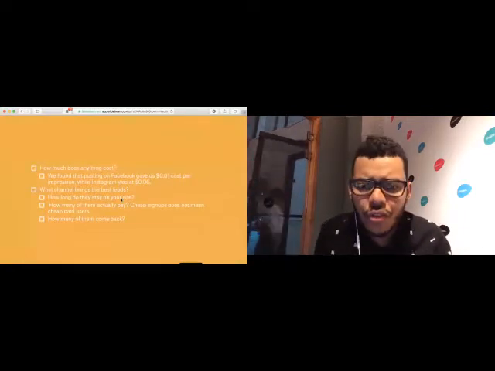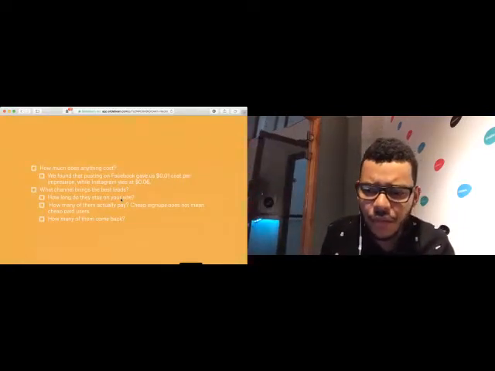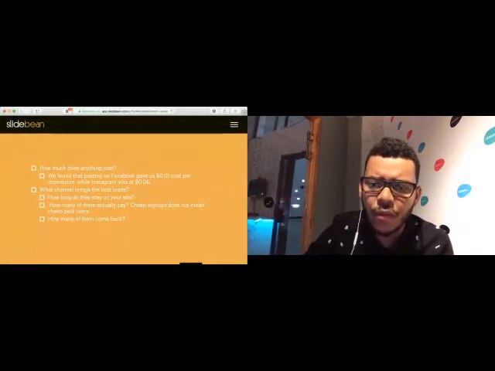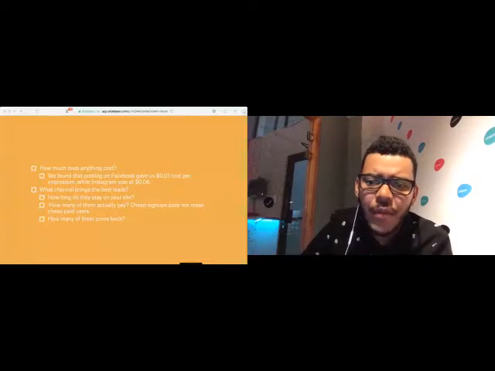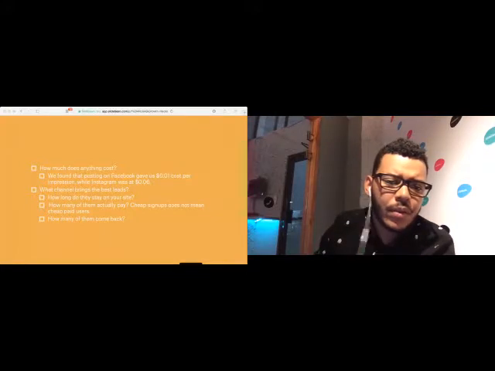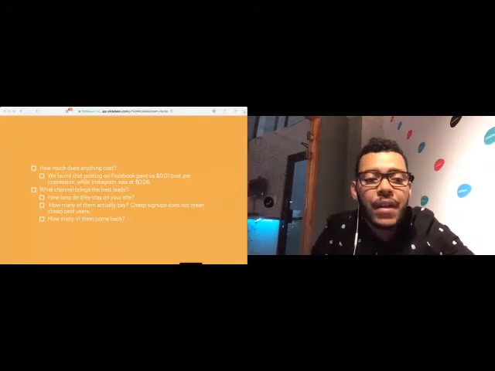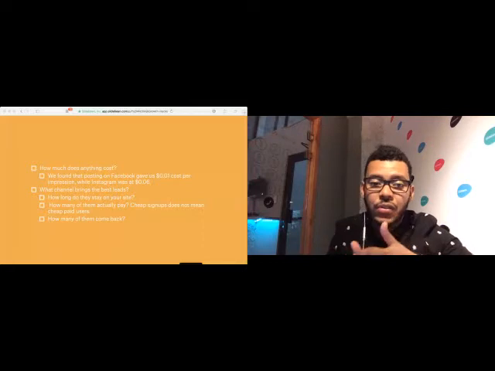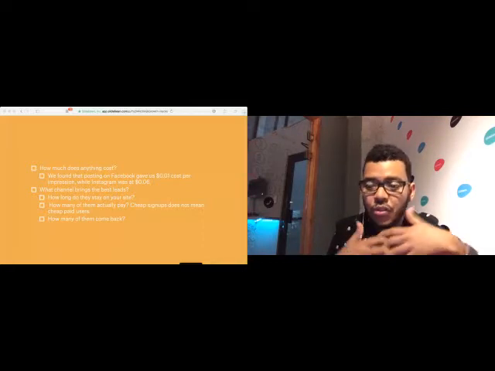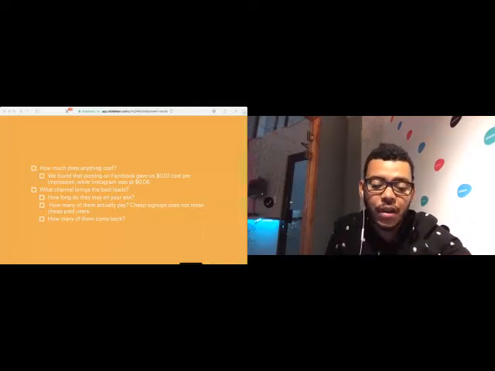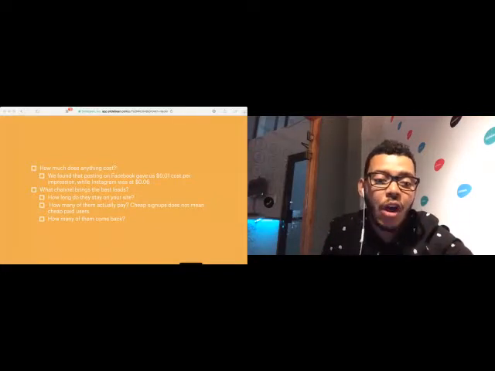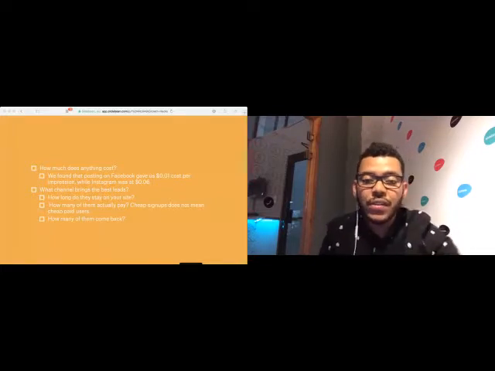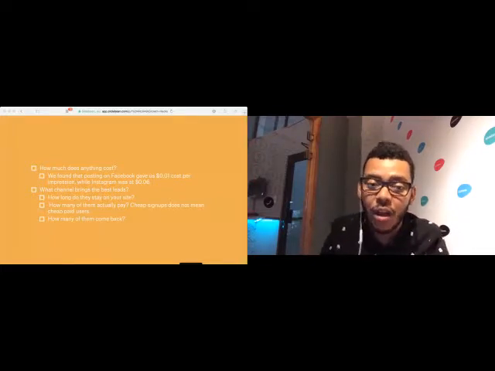Okay, so just some stuff that this data and these tools might give you. How much does anything cost? This is what you need to track. How much does one campaign or the other cost? That's super important. We found, for example, that the time it took our team members to post something on Facebook, and just because of the reach that Facebook post got, it cost us around a cent of a dollar per impression, whereas posting stuff on Instagram costs us around 6 cents of a dollar per impression.